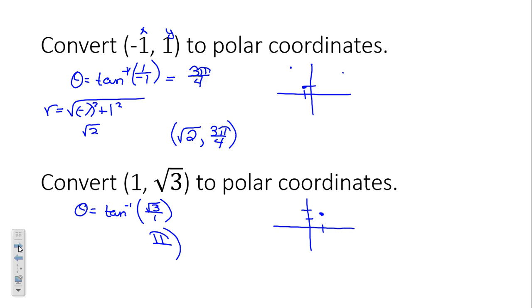And we're in the first quadrant, so we don't have to worry about moving anything. And then what will our r be? Good, because we get a 4, and the square root of 4 is 2. So we get 2, pi over 3. Make sense? All right, questions over this?